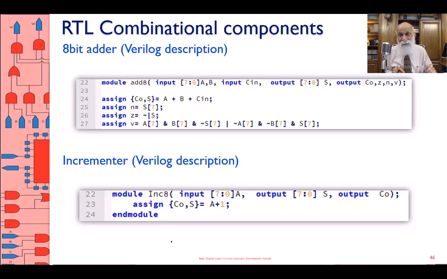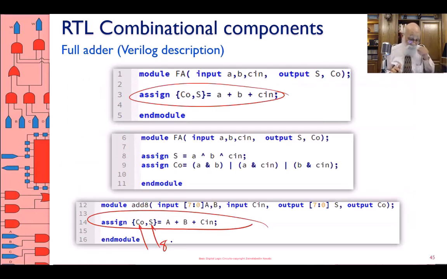What if I need extra things with my adder? Like, for example, this is giving me carry out. What if I want a 0 flag, meaning that the output Z flag becomes 1 when the result of the adding is 0? What if I want a negative flag? The negative flag becomes 1 when the result of the add is a negative number.